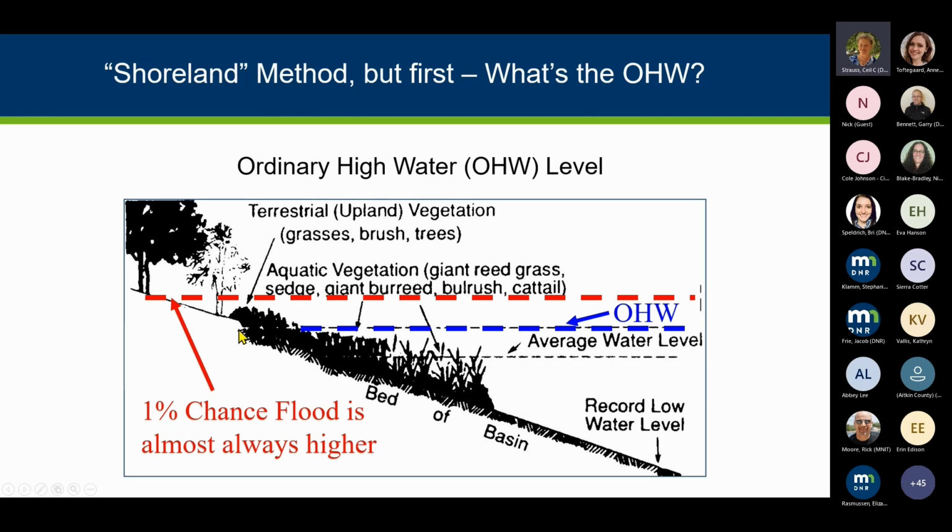And that's something that we use for setting setbacks, and we use for some other methods. But the 1% annual chance flood elevation is usually higher, unless there's some legal determination of what the ordinary high is by a judge. But in most cases, it's going to be a couple feet higher than the ordinary high.